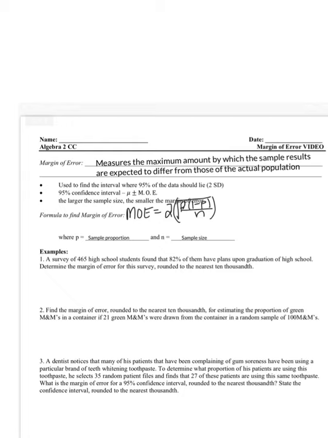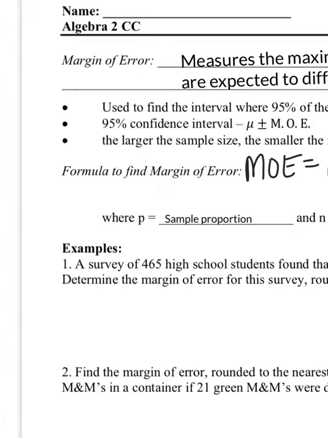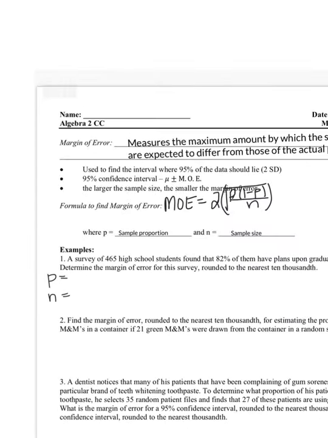So all you have to do is plug this into the formula. In order to do that, you need to know what P is and what N is. N's easier to see. N is the sample size. We're talking about 465 high school students. Out of those 465 students, 82% of them have plans upon graduation.